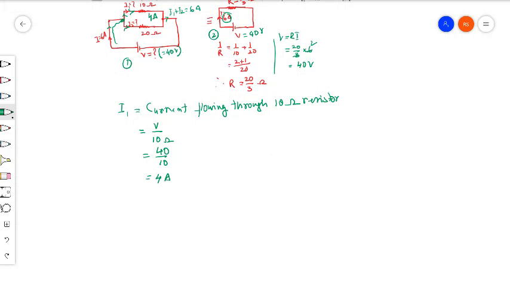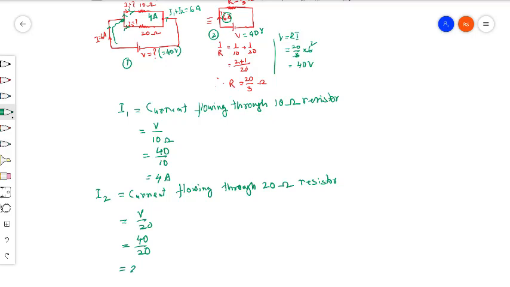Now what is I2? I2 is the current flowing through the 20 ohm resistor. So I2 is V divided by 20, so V is 40 by 20.